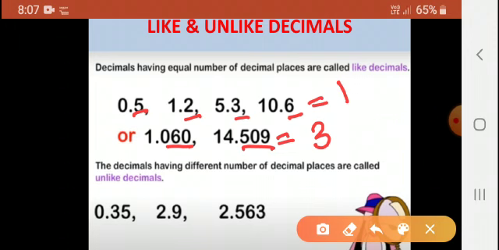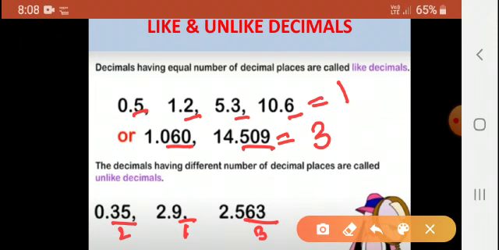Consider the examples 0.35, 2.9 and 2.563. They are unlike decimals because they have different decimal places: here it is 2, here it is 1 and here it is 3 decimal places.